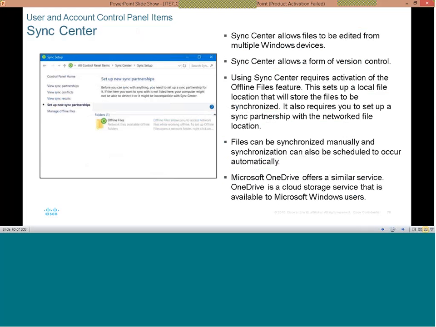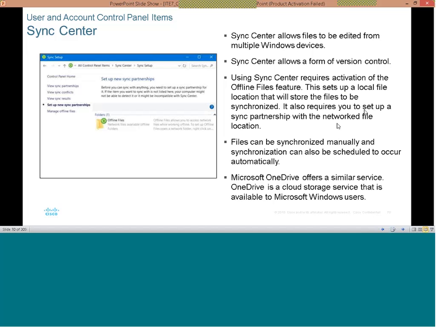And then this is synchronization center. The Sync Center allows files to be edited from multiple windows. So the Sync Center allows a form of revision and control. So here you can set up a new sync partnership in order to set up a local file location that will store the files to be synchronized.